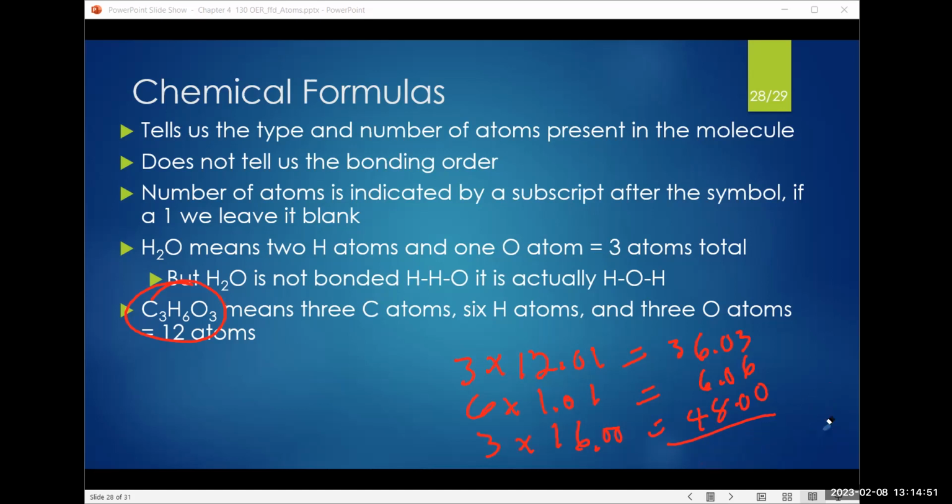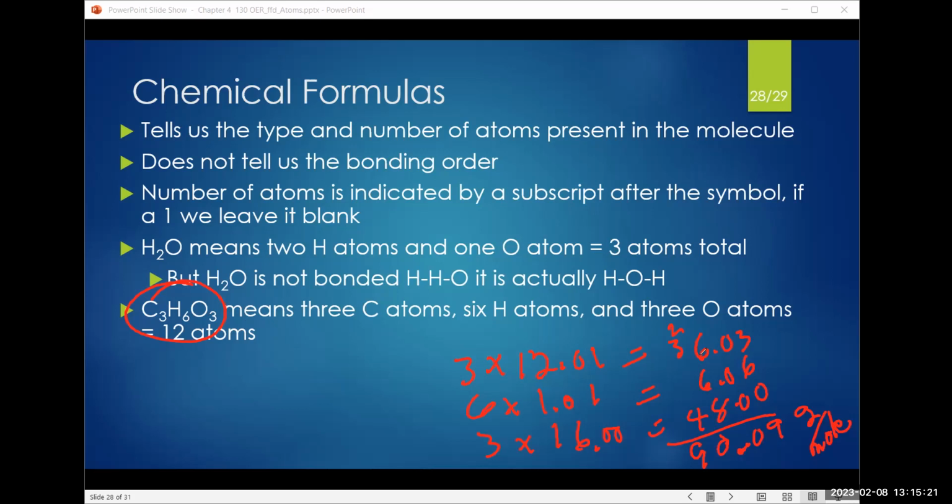If we add this up, check my math, we get 90.09 grams per mole. That is the total mass, total atomic weight, total molar mass for this particular chemical formula.